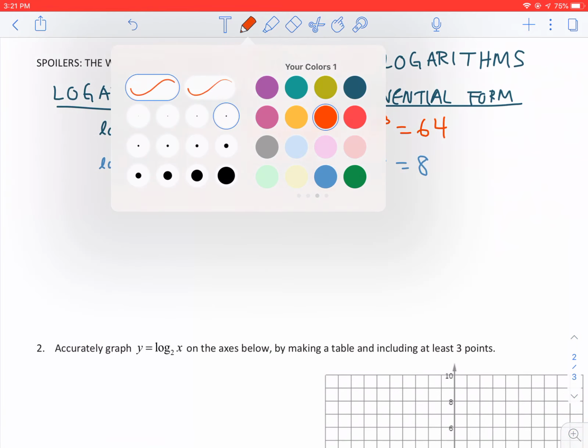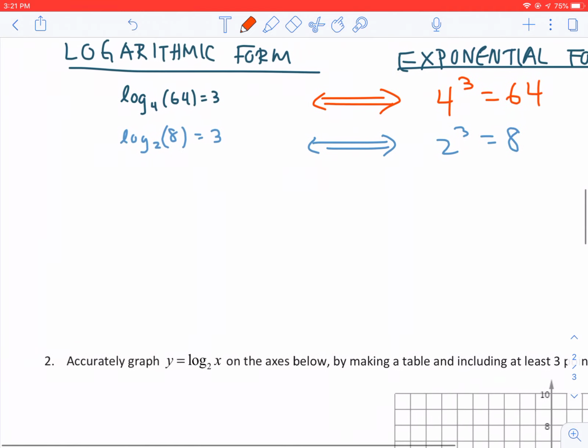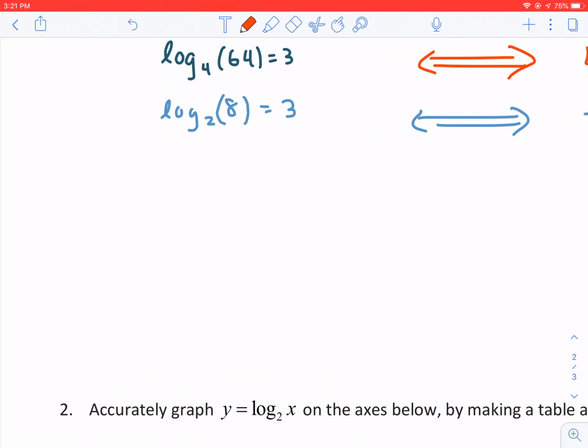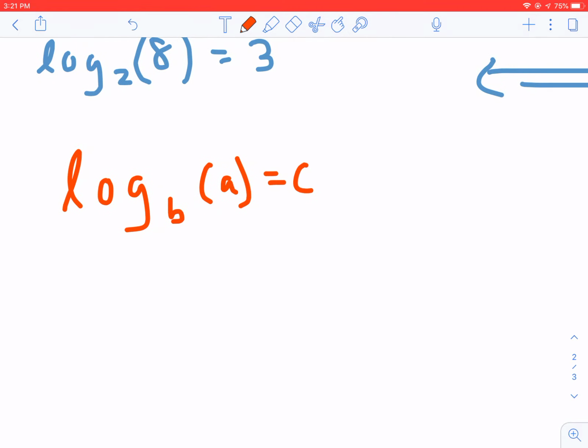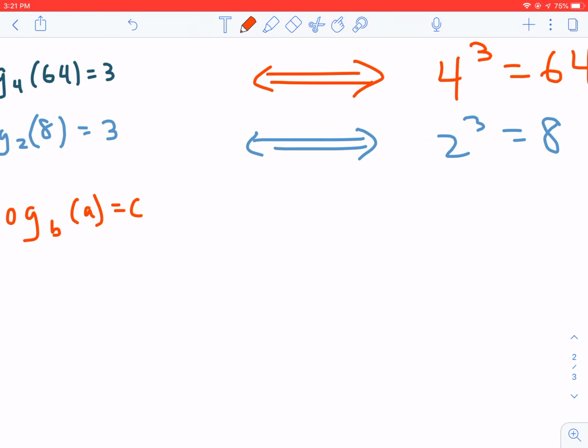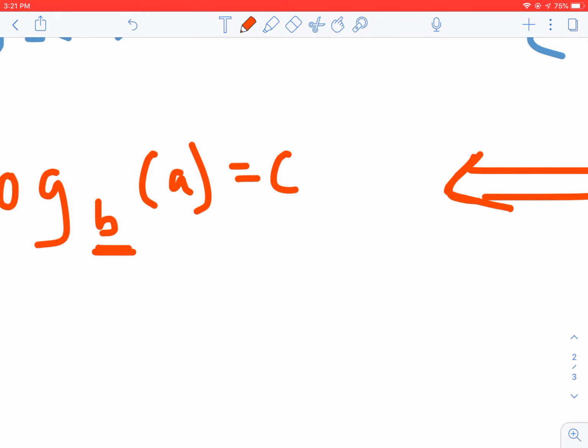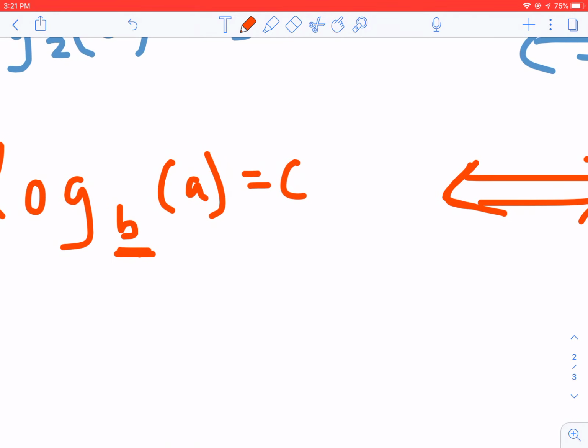So the definition of a log is just going to be the general form of these examples. Our formal definition is log base b of a equal to c. Again, this is saying b to the WhatPower is equal to a.